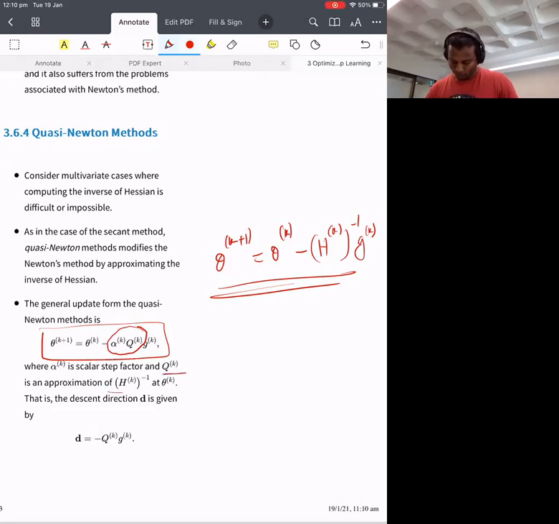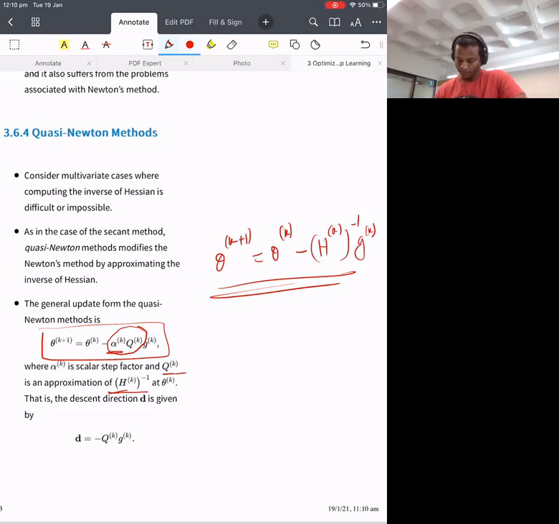QK is an approximation of HK there, not alpha QK, but alpha is more of a learning parameter. Compared with the earlier method, we can regulate by including alpha. So we are including this alpha parameter, the learning rate, in this method.